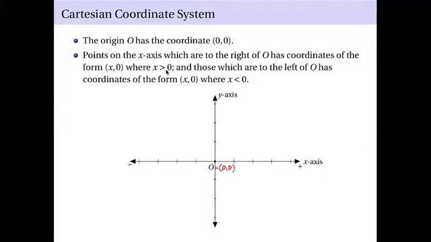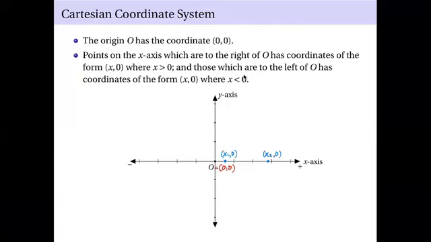So for example, this point here, we can label as x sub 1 comma 0, and this point here, let us label as x sub 2 comma 0. This x sub 1 and x sub 2 and all other points on the right of your 0 will have the x coordinate positive.